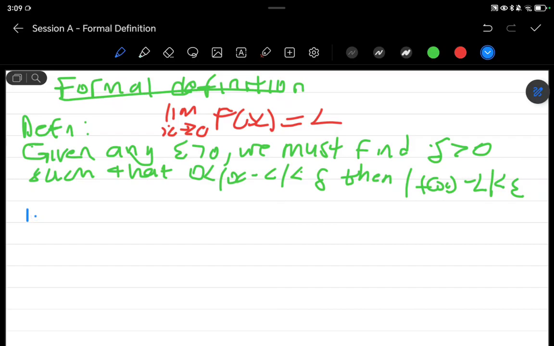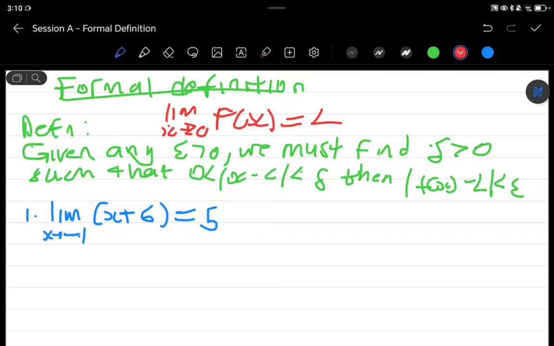The first question says we should use the formal definition of a limit to show that the limit as x approaches minus 1 of x plus 6 is equal to 5.